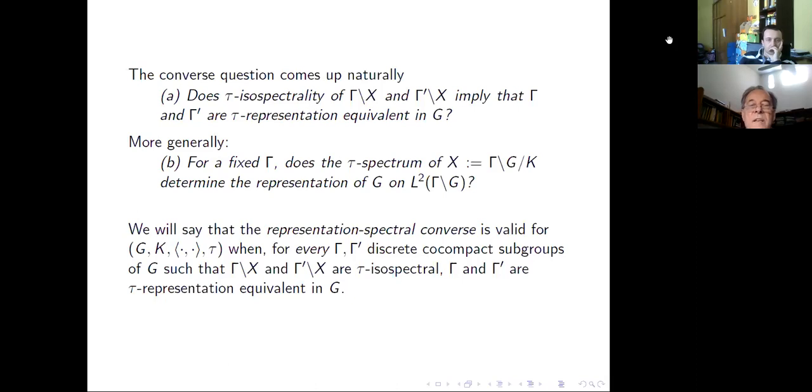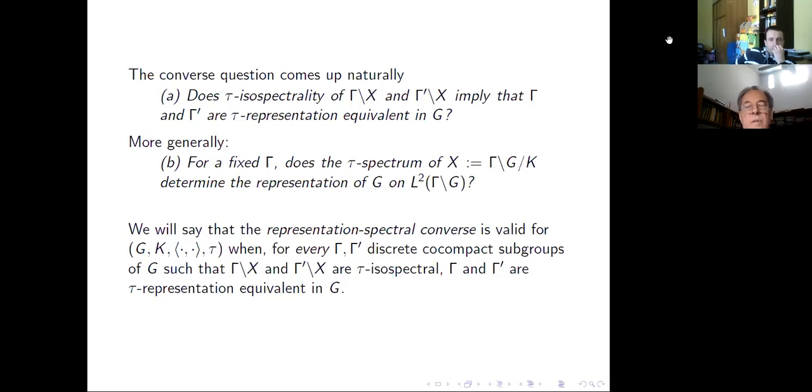So we will say that in this case, if this holds, the representation spectral converse is valid for G, K, tau with a given inner product.